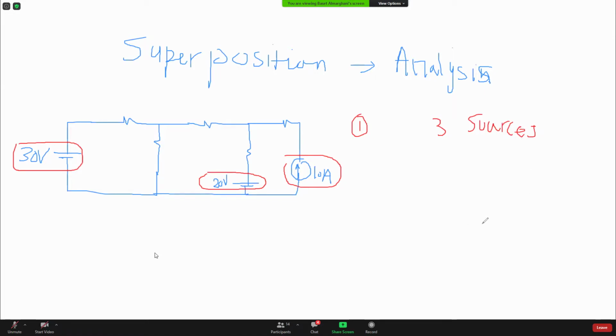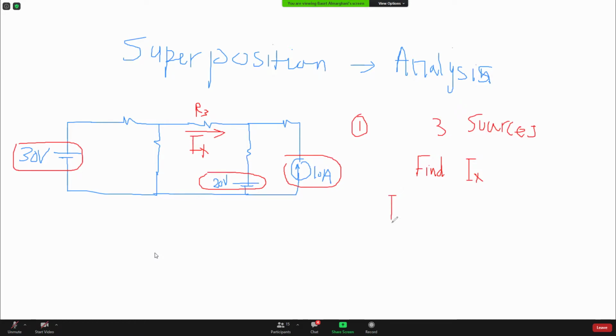Now, the second thing, you need to know what you want to find. Let's say the question says find the current Ix in this resistor R3 or whatever. So I want to find Ix. Now, what does the superposition say?